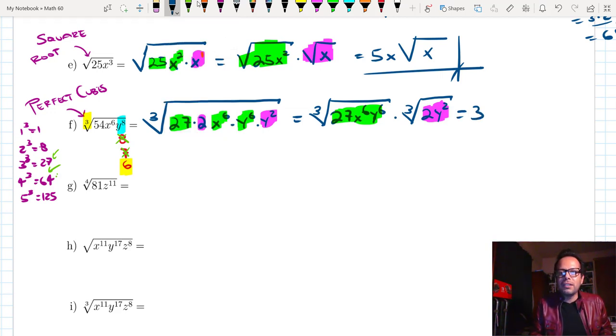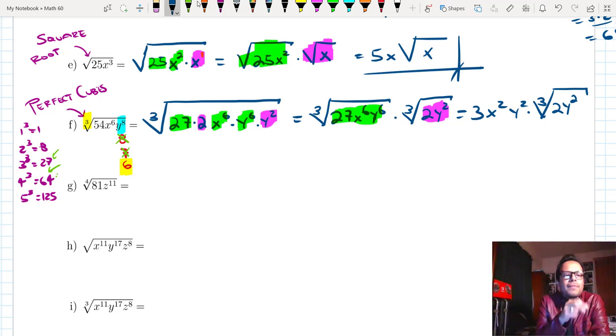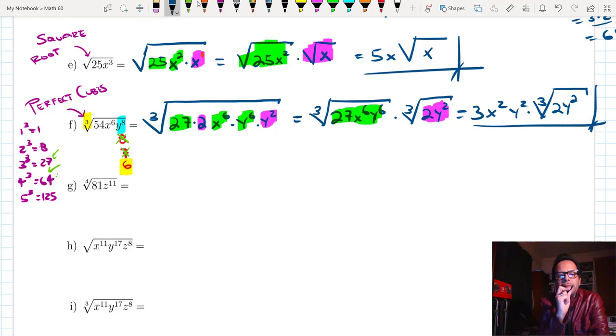The cube root of x to the 6, in other words, 6 divided by 3, that goes twice, so x squared, and y to the 6 over 3 is y squared, times the cube root of 2y squared. This is the final answer to this. Let's move on to the next example.